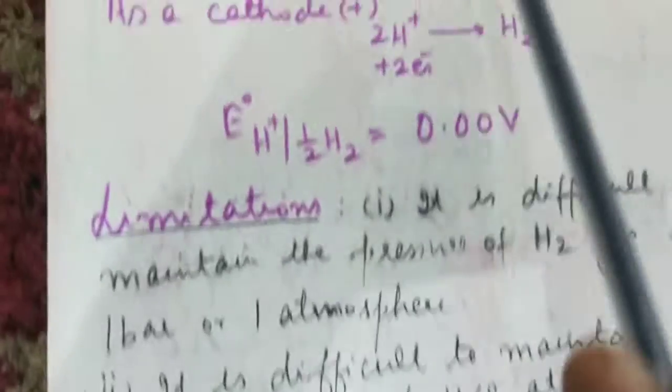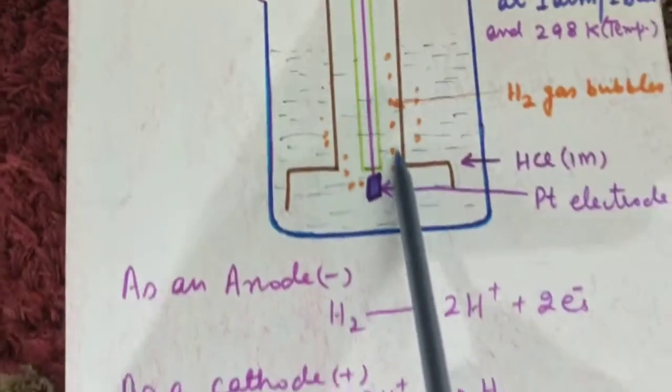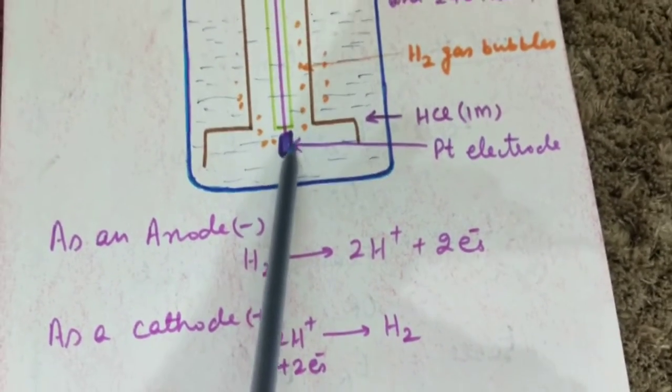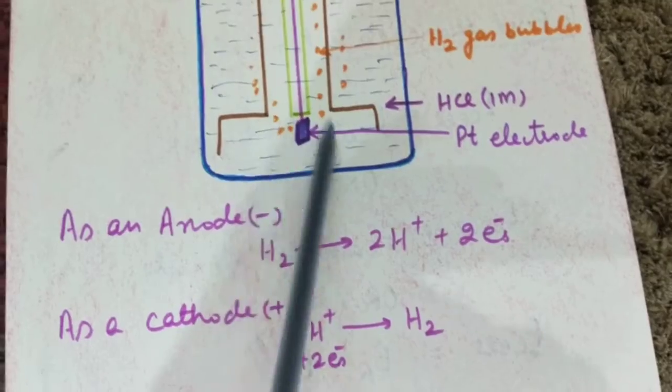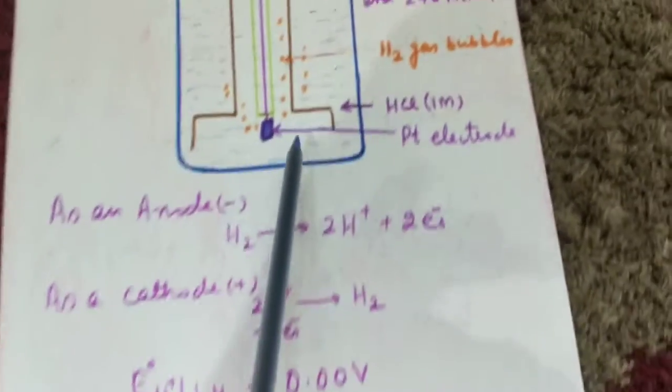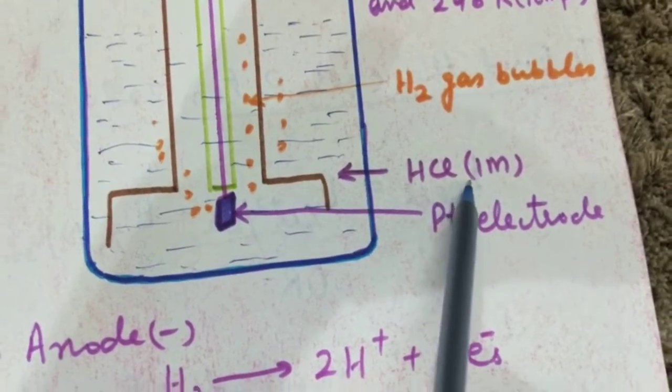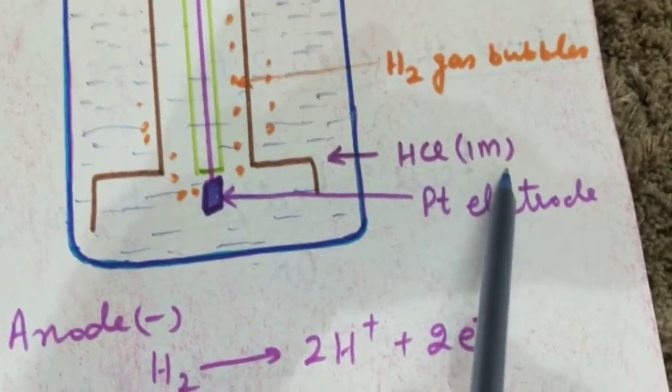The second condition is, because we are passing hydrogen gas and there is HCl solution, maybe due to some ionization there can be a change in the concentration of HCl, which we have taken as 1 molar.